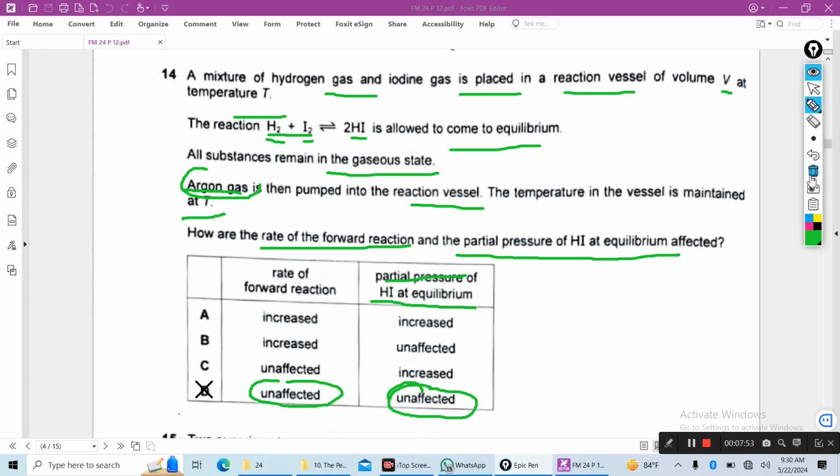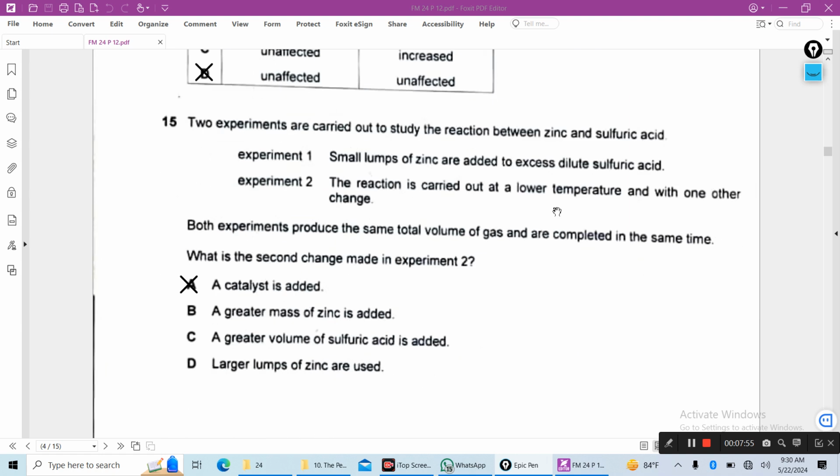Then next, 15. Two experiments are carried out to study the reaction between zinc and sulfuric acid. Experiment 1: small lumps of zinc are added to excess sulfuric acid.